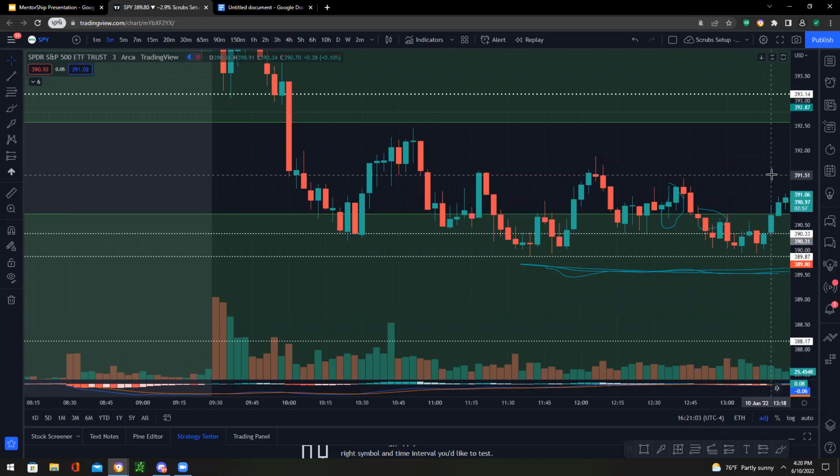The reason I do that is because since I am not in that trade just yet, I'm not emotionally attached to it. So I have more of a clear mind at the moment because my money's not attached to it. I'm just sitting and watching. This way, I'm visualizing the trade and figuring out where my invalidation is, where my stop loss is, and where my profit targets are.